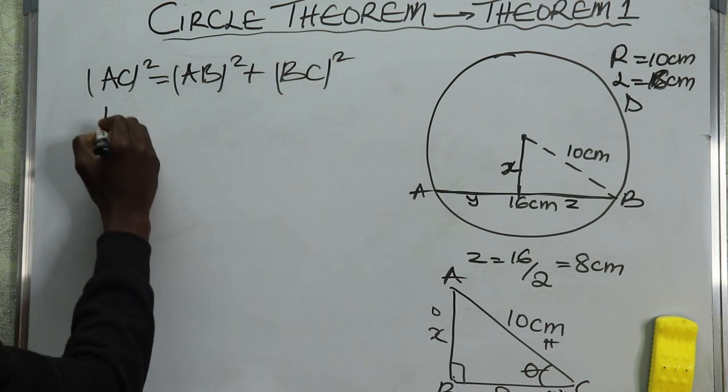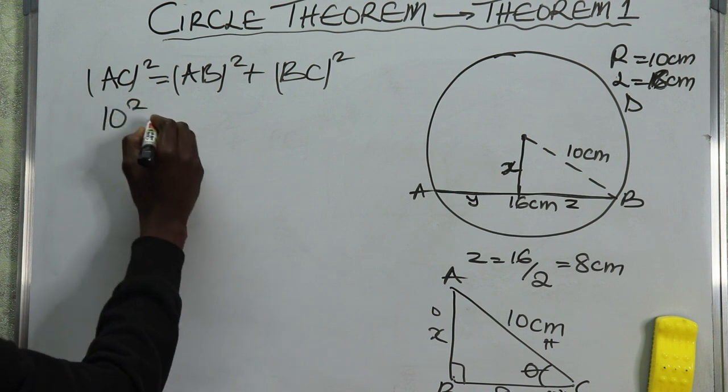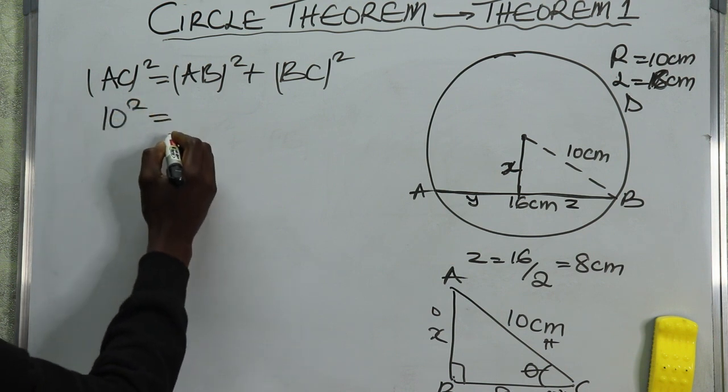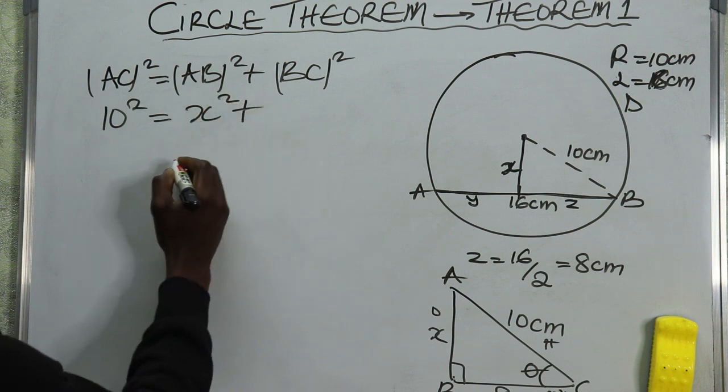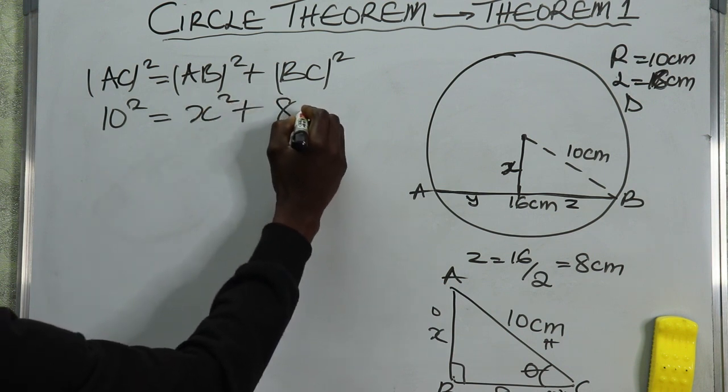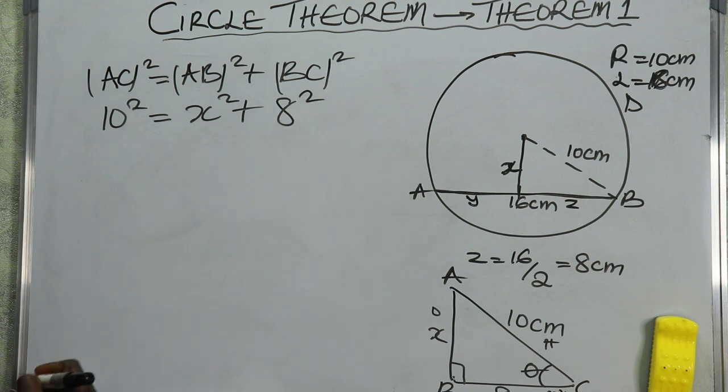So our AC is equal to 10 square, equal to our AB, which is x square, plus our BC, which is 8 square, all in centimeter.